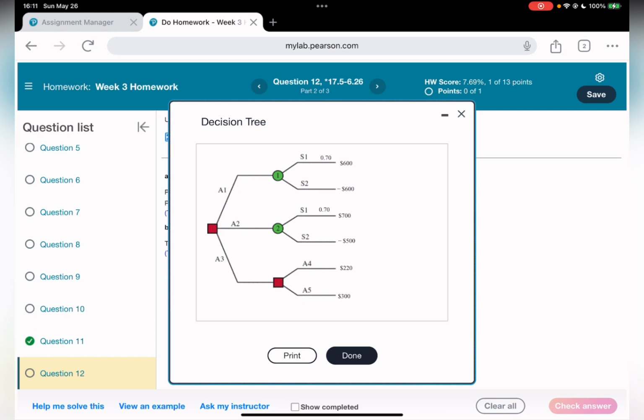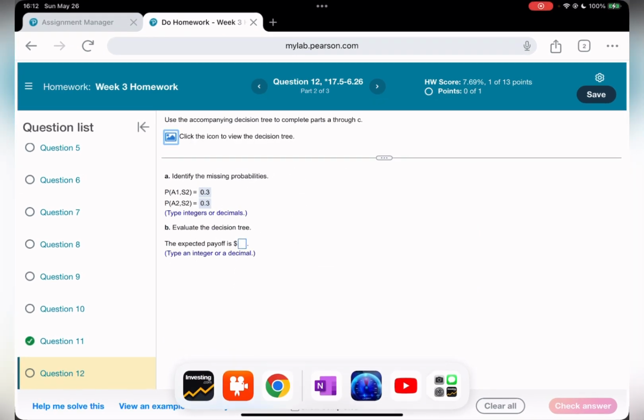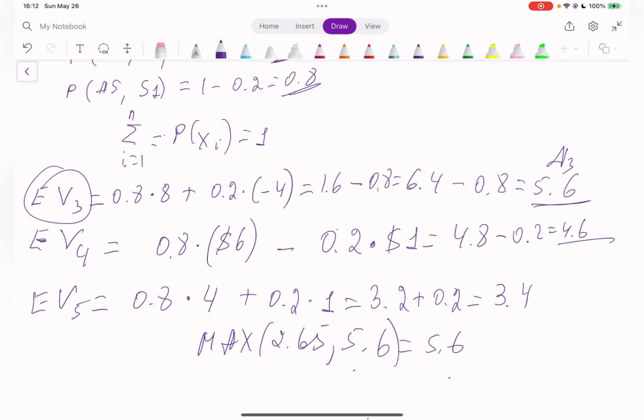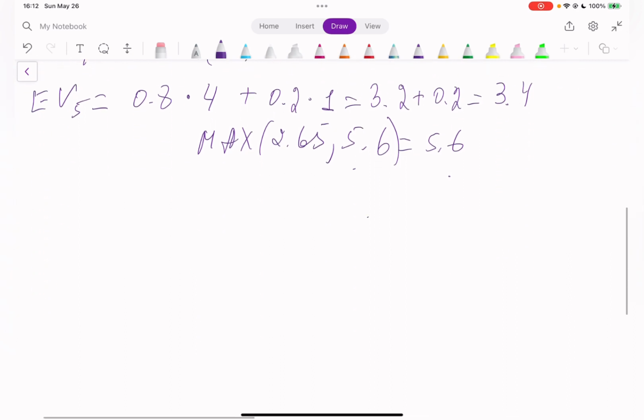Okay. All right. Then going back to calculation. So what do I have for the value for branch A1?